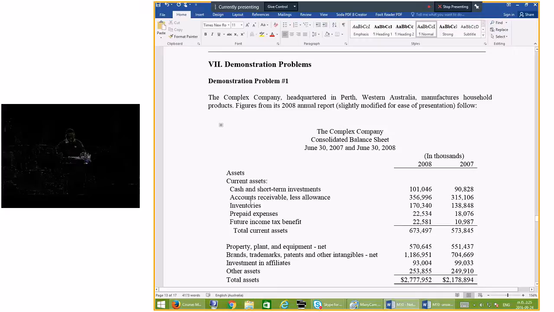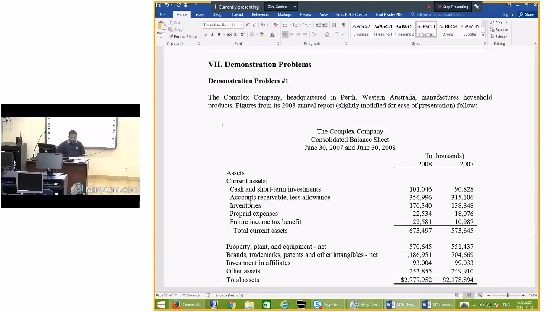Okay, then we did some direct calculation, especially for the ratios as well as the trend analysis and vertical analysis. And now there's another one, demonstration problem 1. We will take that demonstration problem 1 after a few minutes.